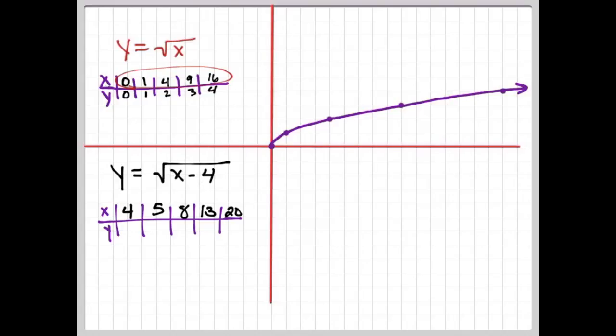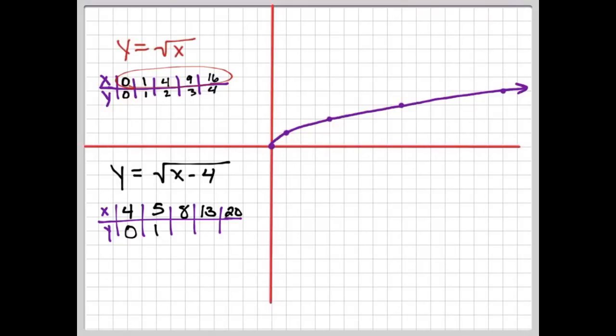Now think about why that works. If you follow the equation down here, if we put in 4 for x, what's 4 minus 4? 0. And what's the square root of 0? 0. What's 5 minus 4? And what's the square root of 1? What's 8 minus 4?